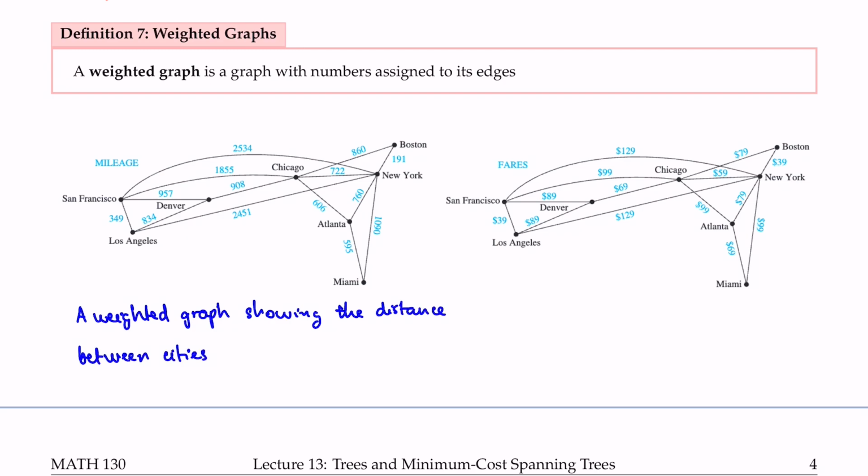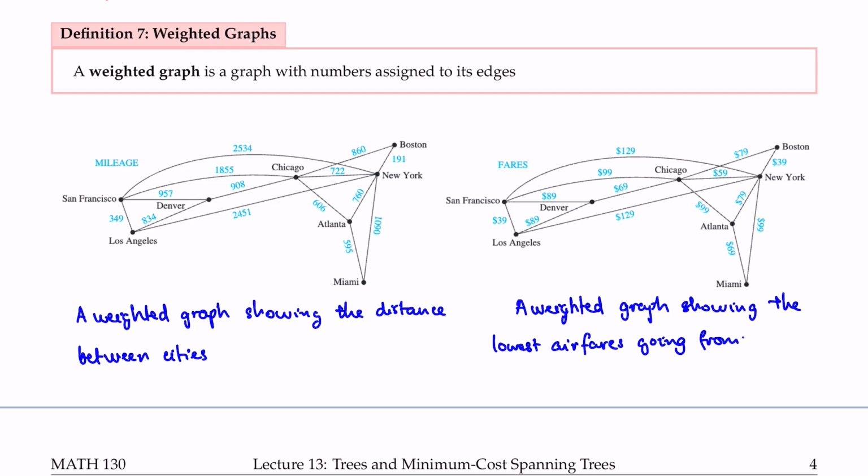Now the second graph is a weighted graph showing the lowest airfares going from one city to another.